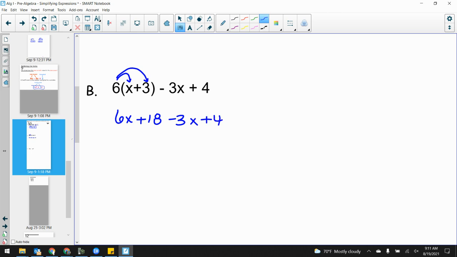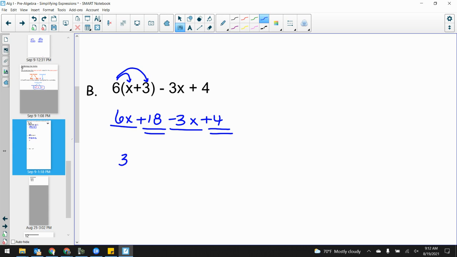So now what we're doing is we're adding the distributive property into the mix and saying, okay, let's do the distributive property as well as some combining like terms. And now I say, okay, I've got a 6x and a minus 3x, and then an 18 and a 4. So what does it become, Danielle? 3x plus 22.